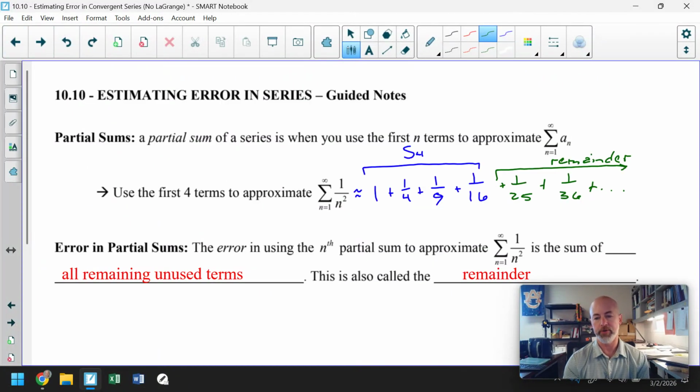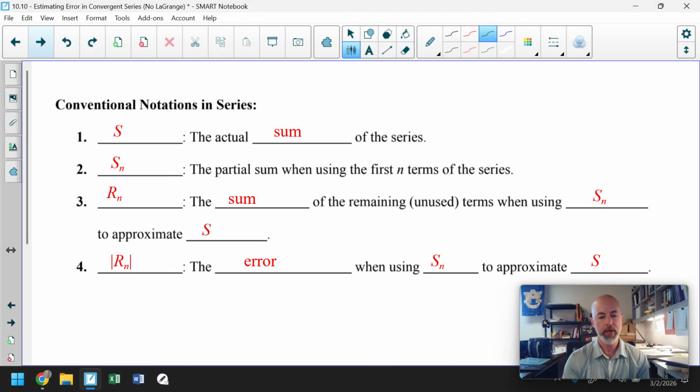In this case, it'd be R sub 4 because I used the first 4 terms for the approximation. The absolute value of that remainder is the error that we're trying to get an upper bound on. If your series is always positive, then we wouldn't need the absolute values around the R sub n. However, in alternating series, the absolute values can come into play.